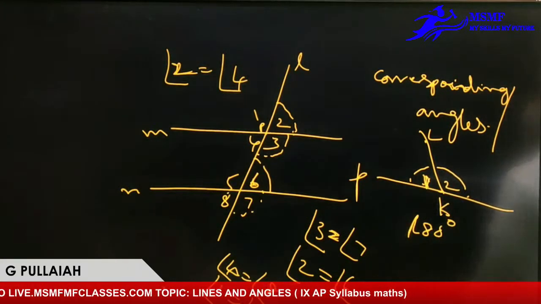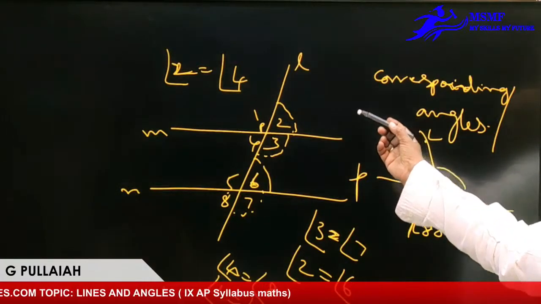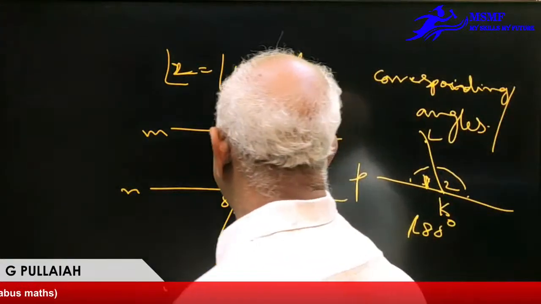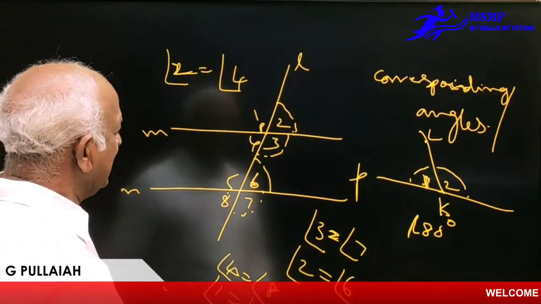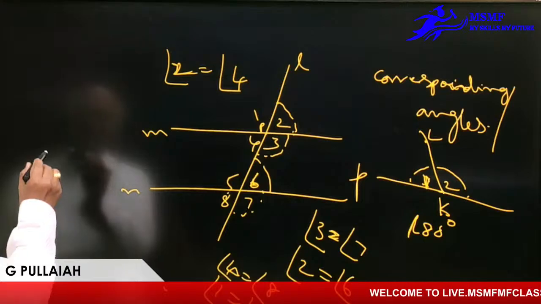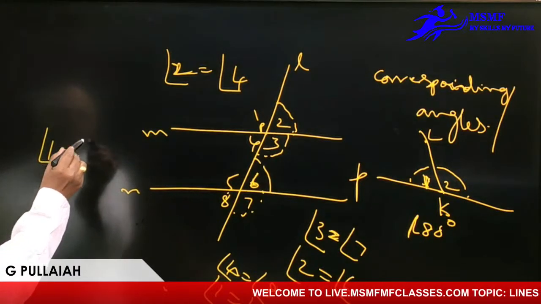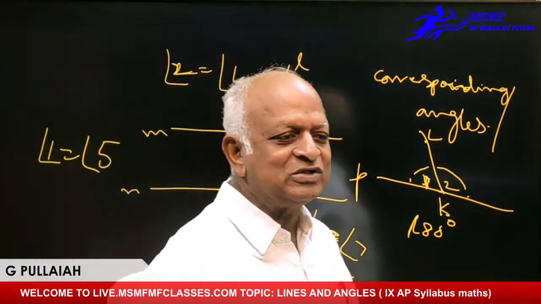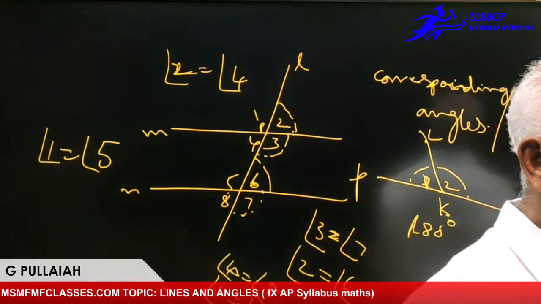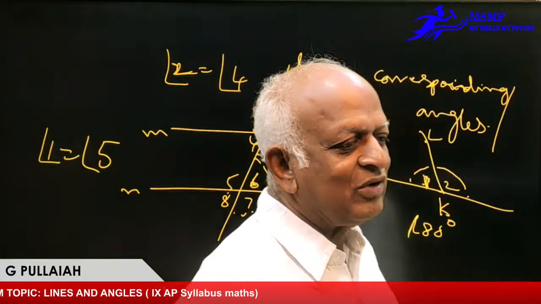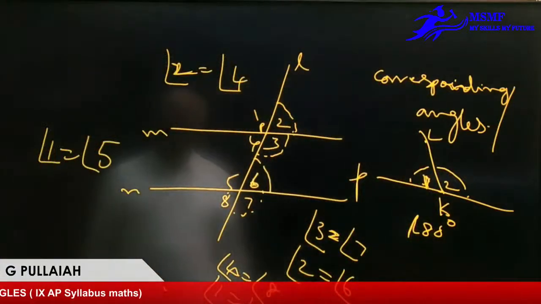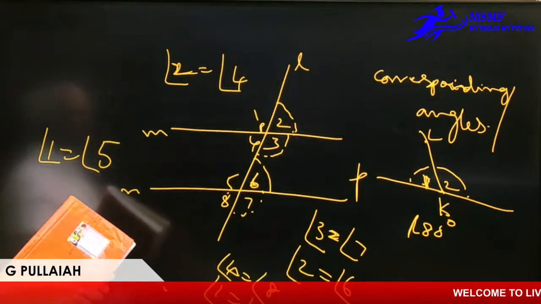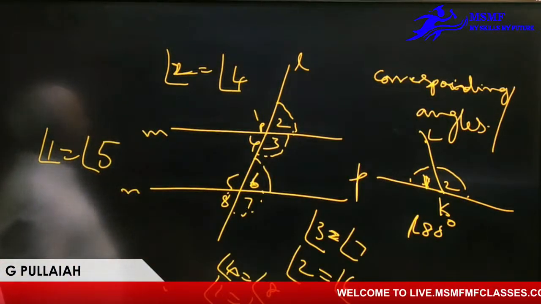Because they are the vertically opposite angles. Now I can say here angle 1 is equal to angle 5. Why is angle 1 equal to angle 5? Angle 1 is equal to angle 5 because they are the corresponding angles.